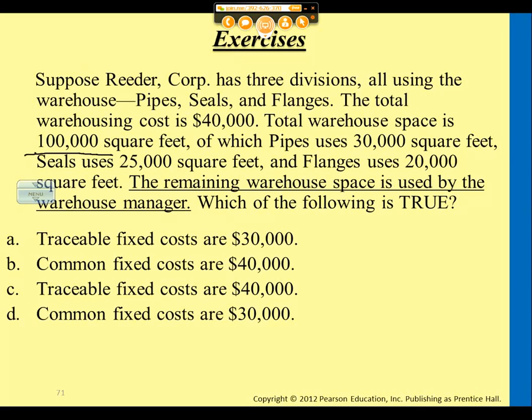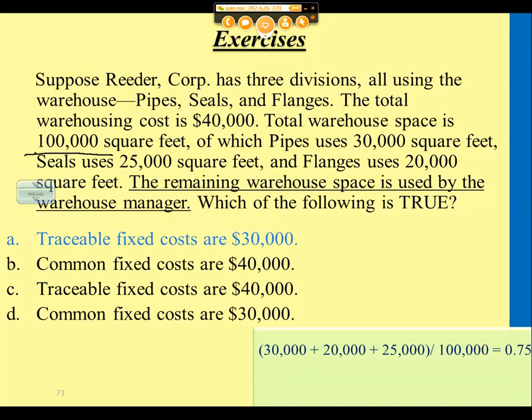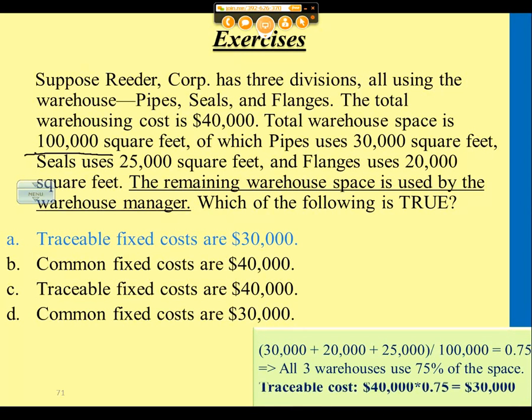So do we know how to find common fixed costs? Is that the goal? So maybe leave it for right now. Let's just put common fixed costs aside and look at the traceable. We're looking at traceable fixed costs here. So is it 30 or is it 40? How am I going to find this? I'll take $40,000 and multiply it by the 0.75 that I just found, and that's going to give me my $30,000.